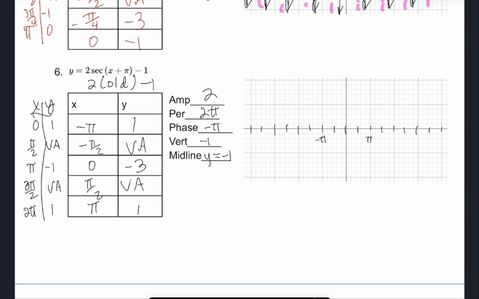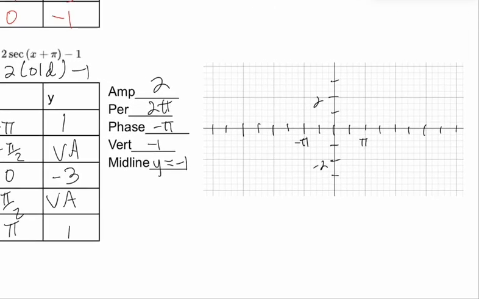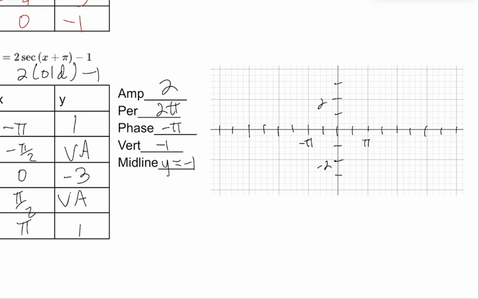Put on your midline at negative 1. I just kind of cut things in half here. Okay, let's put on our midline. Put on our vertical asymptotes.